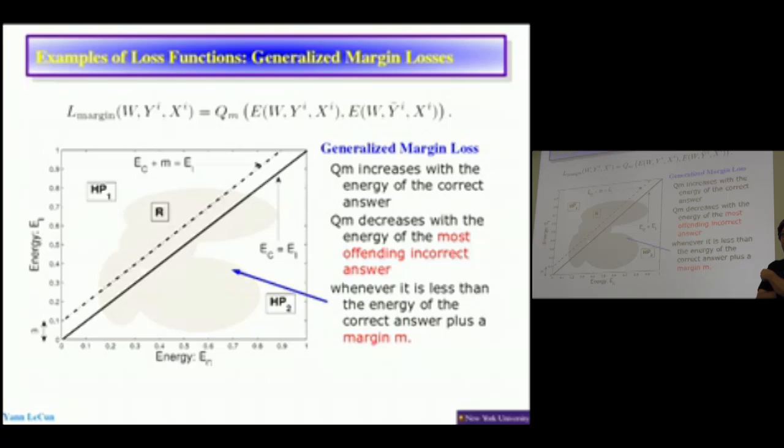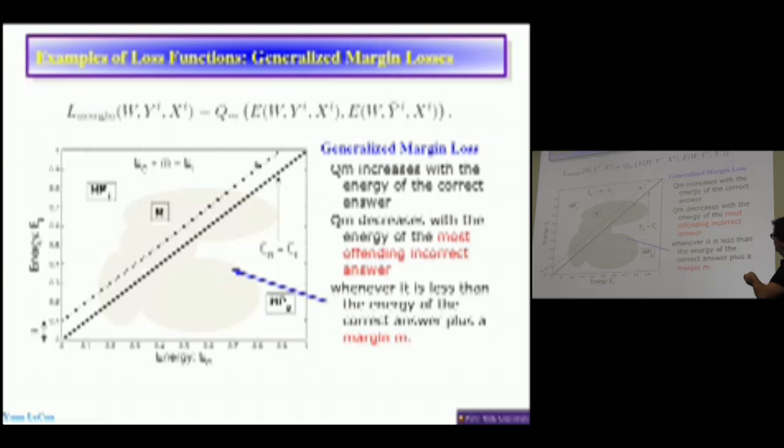Okay, so let's do a little diagram here. So this is the energy of the correct answer. This is the energy of the most offending incorrect answer. What we like is that the loss function takes its minimum value in this region, above the dotted line here, where the distance between the dotted line and the continuous line is m.